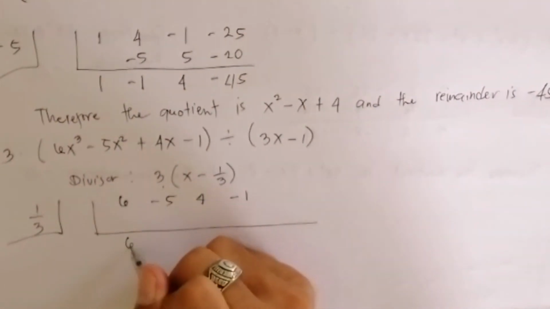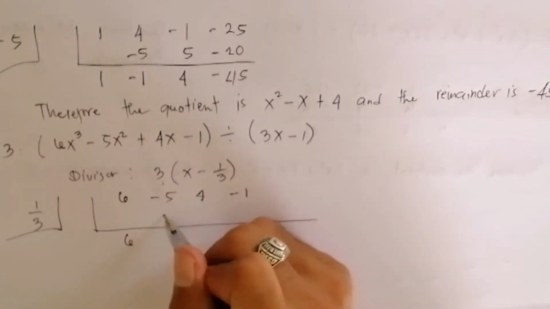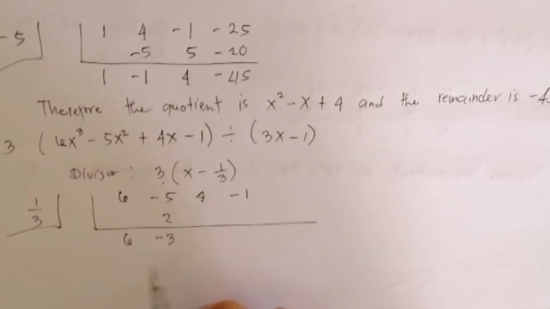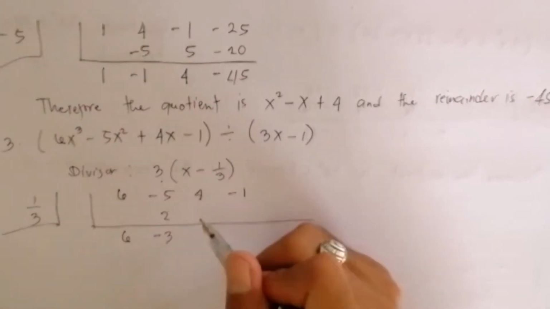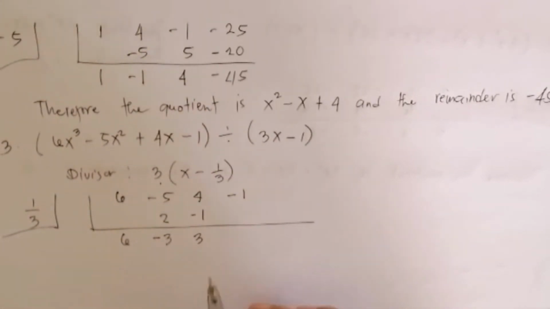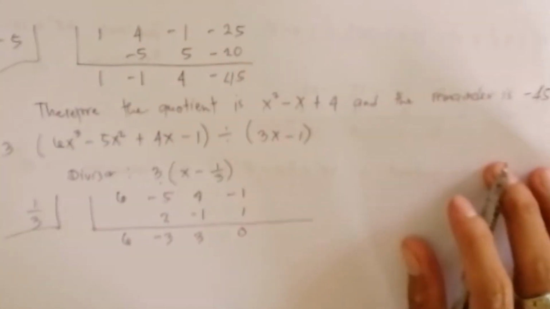So we have 6, multiply, that is 2, add, that is negative 3, multiply negative 3 by positive 1/3, that is negative 1, add, so that is 3, then 3 times 1/3, that is 1, add, so that is 0.